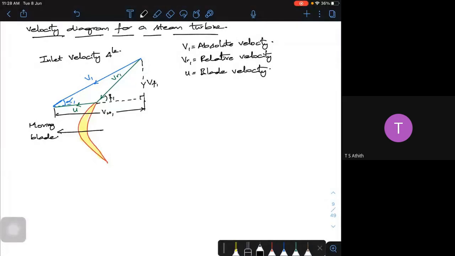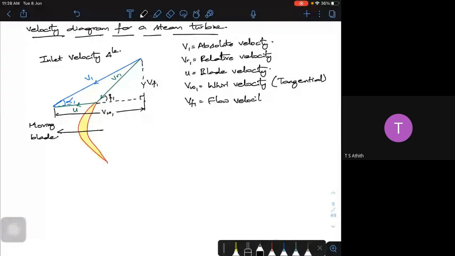VW1 is the whirl velocity or tangential component of the velocity, which is the one causing the power. Then VF1 is equal to the flow velocity.